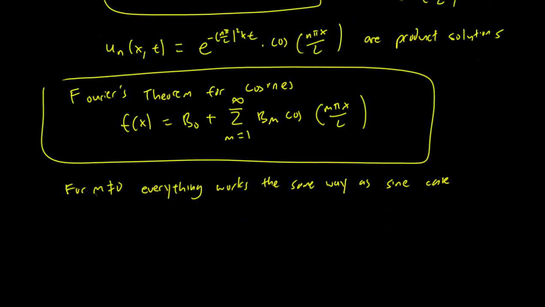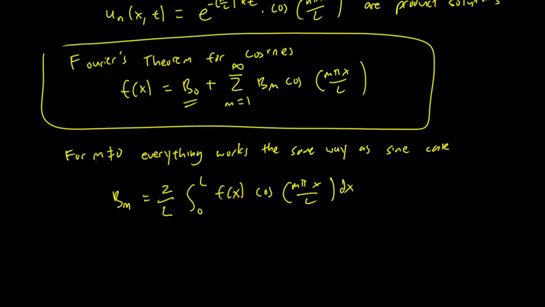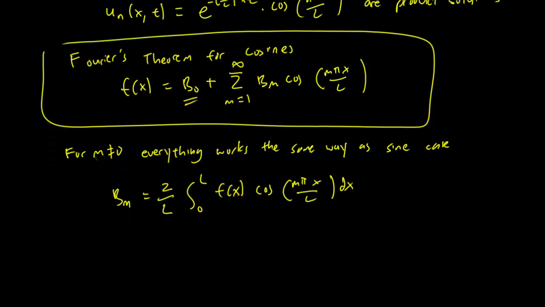So we have that b_m equals 2 over L times the integral from 0 to L of f(x) cosine of m pi x over L dx. The only headache is that we have this b naught term, which we have to handle a little bit differently. But it's not too hard to figure out what b naught should be.